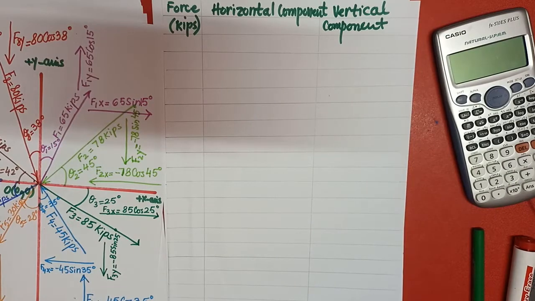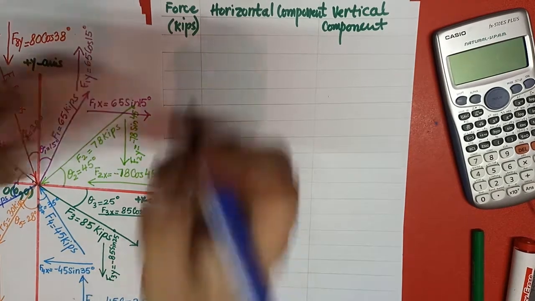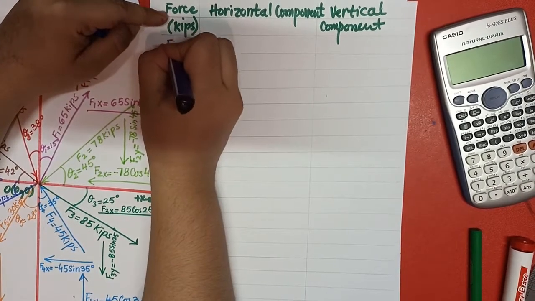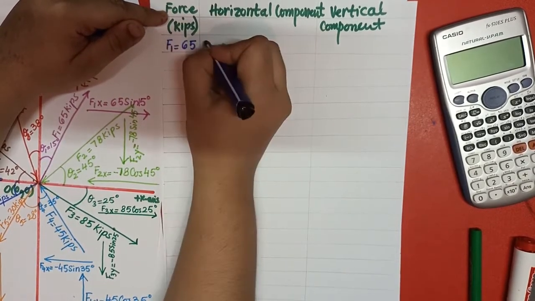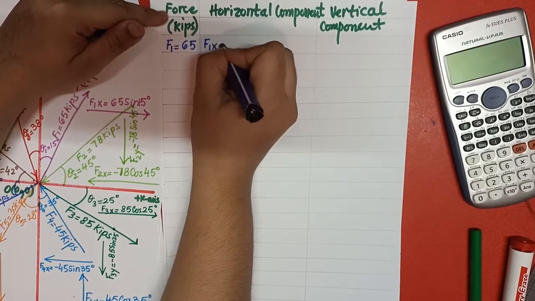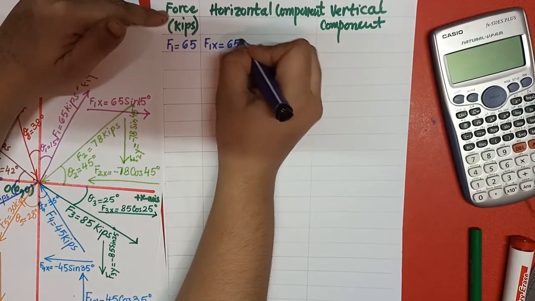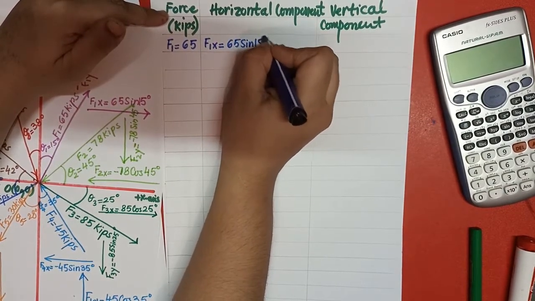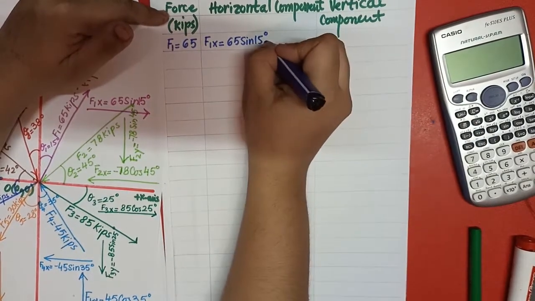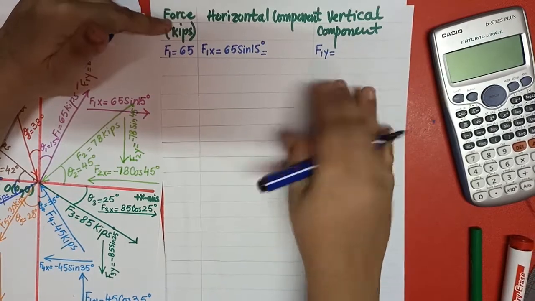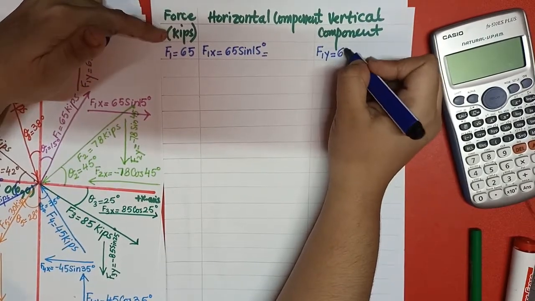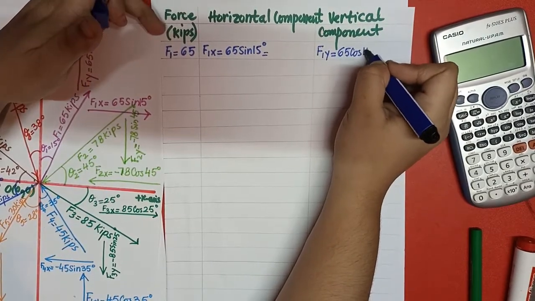Okay, what do I have to do next? For example, the F1 force given in the question is 65. So F1x is equal to 65 sine of 15 degrees. Let me write all the forces right now. F1y is equal to 65 cos of 15 degrees.